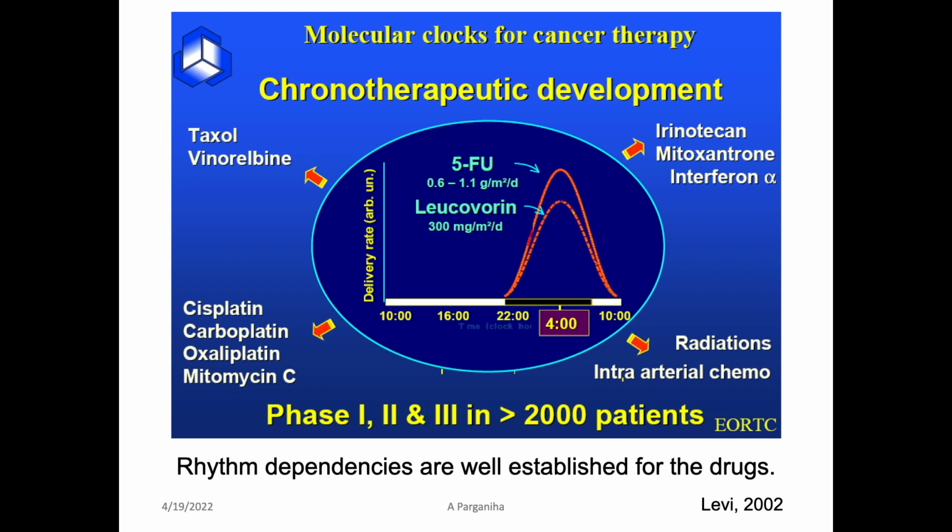We can see that in cancer patients, 5-FU and leucovorin at 4 a.m. are maximally effective, and these drugs are better tolerated by the cancer patients at 4 a.m. Similarly, the oxaliplatin or platinum group chemotherapy drugs are better tolerated at 4 p.m. when the human subjects are active.